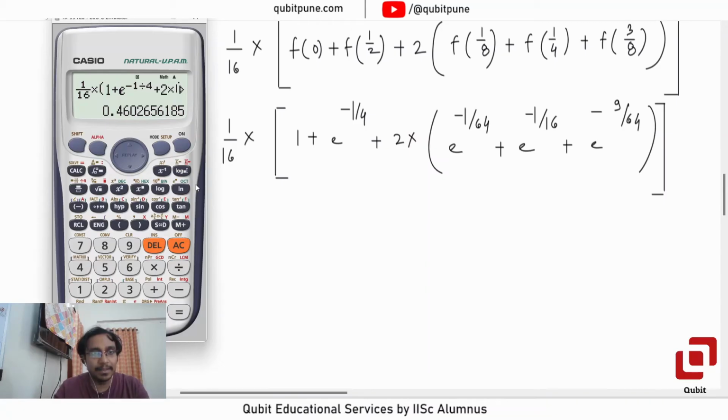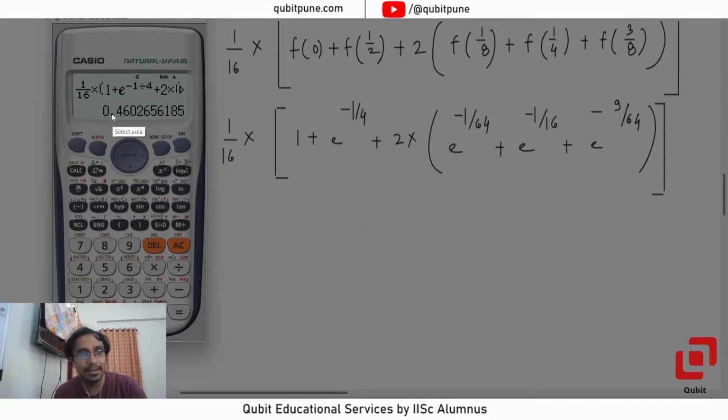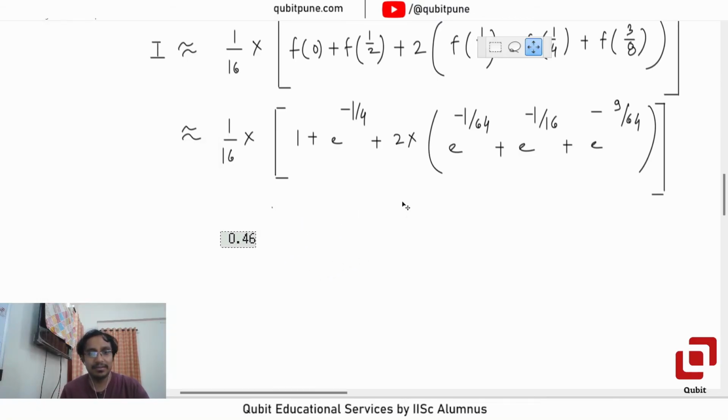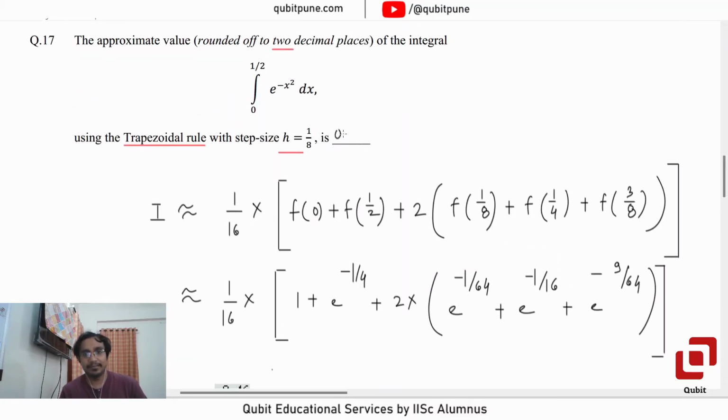Okay, that's 0.460. Correct up to second decimal please. So that's 0.46. Okay, that's question number 17.